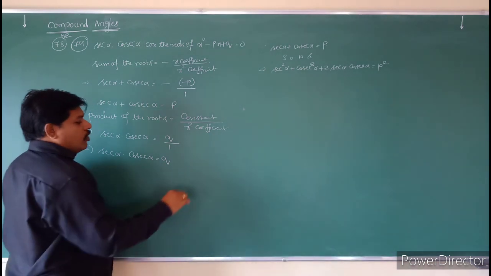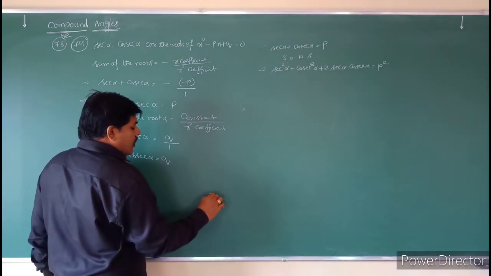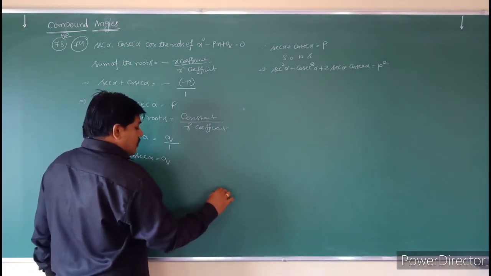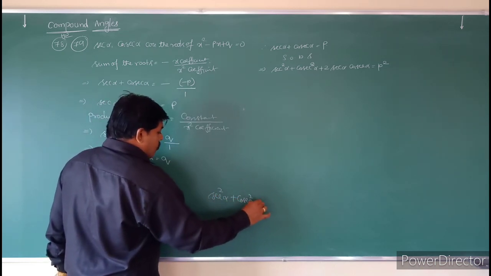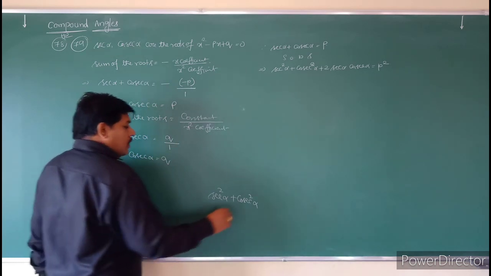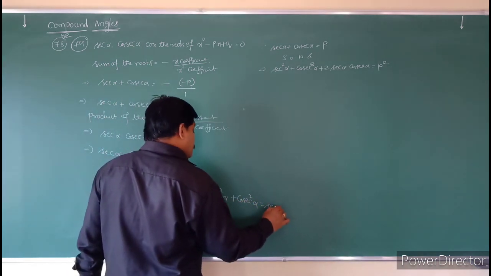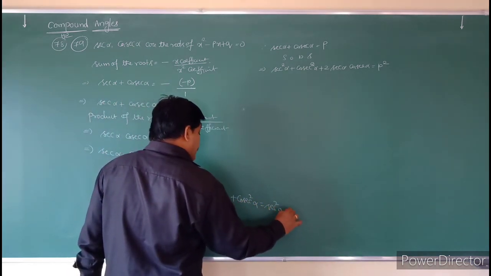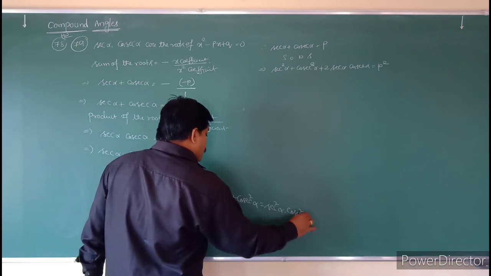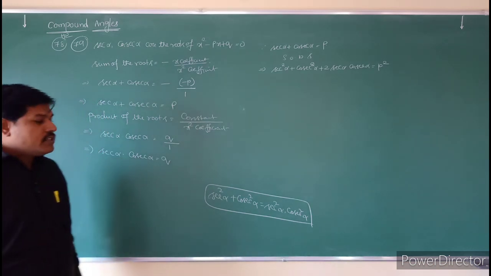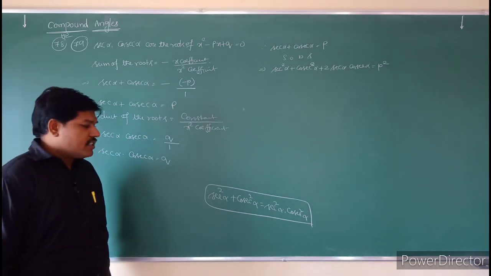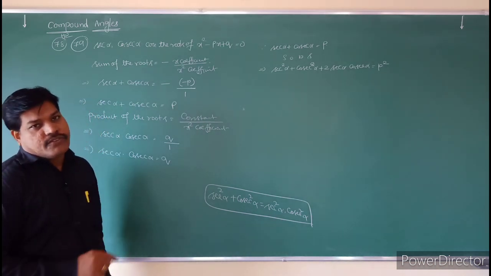We already know one condition, and I have already given the proof also. Secant square alpha plus cosecant square alpha is nothing but secant square alpha into cosecant square alpha.